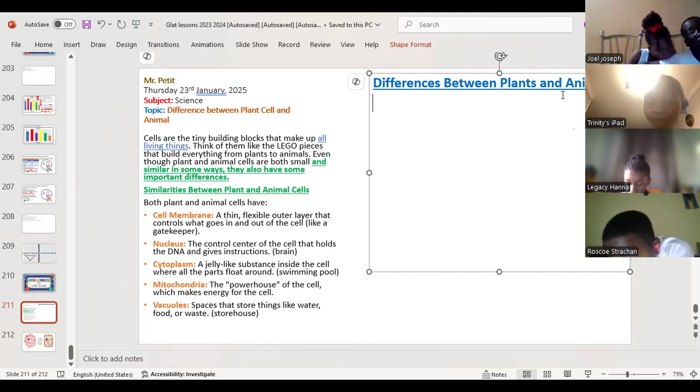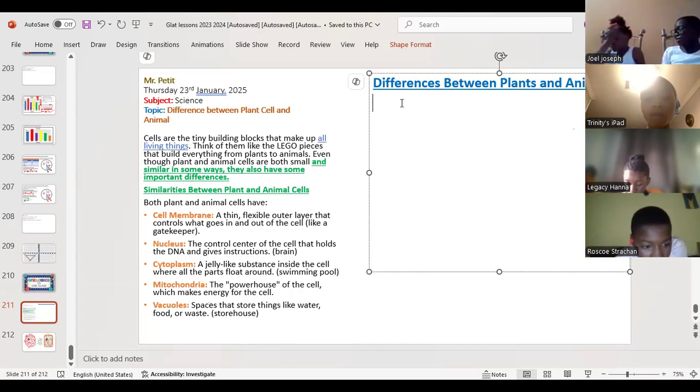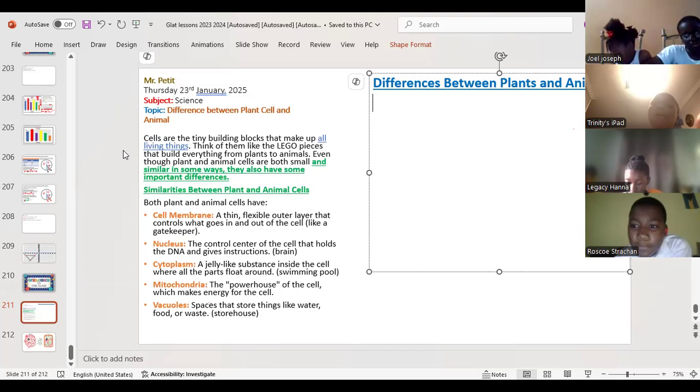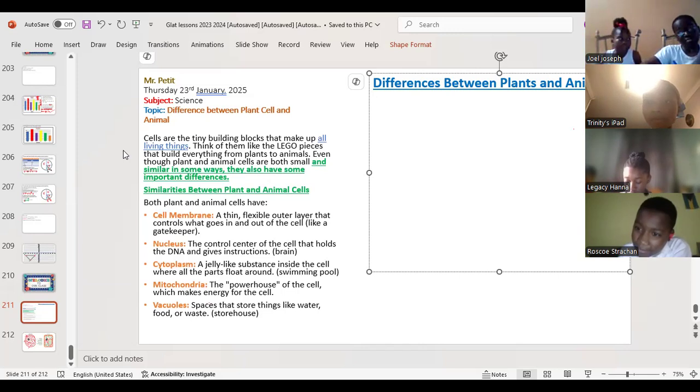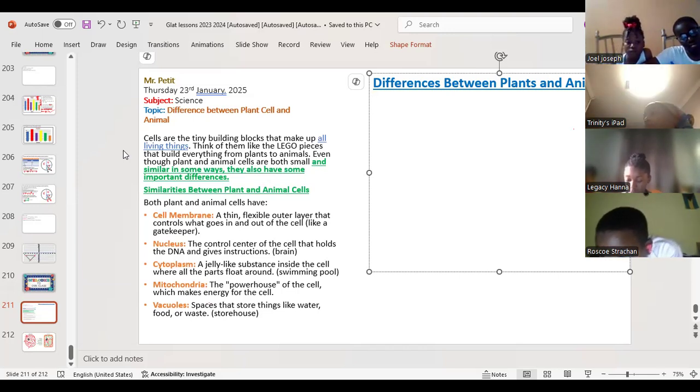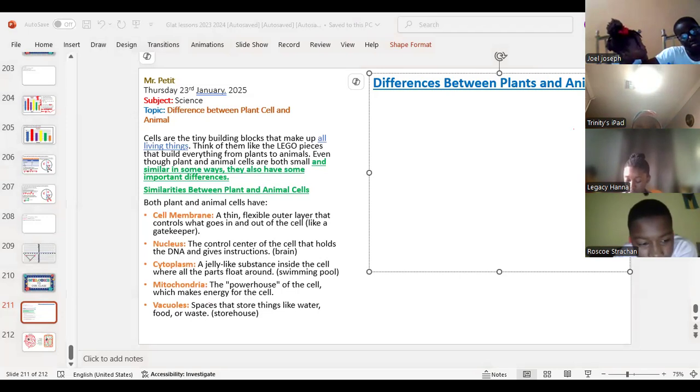Mitochondria. Go ahead, Roscoe. What are some things they have in common? Nucleus, cell membrane, cytoplasm, mitochondria, and vacuole. Very good.